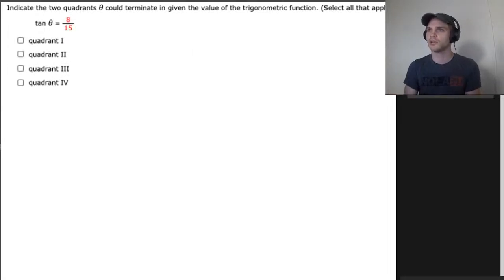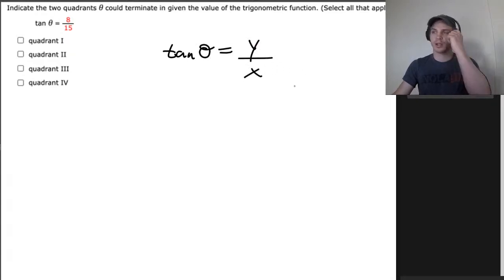Indicate the two quadrants theta could terminate in given the value of the trigonometric function. So I kind of prefaced this already. Tangent of theta is equal to sine over cosine, which reduces to y over x. And so we want this ratio to be positive.